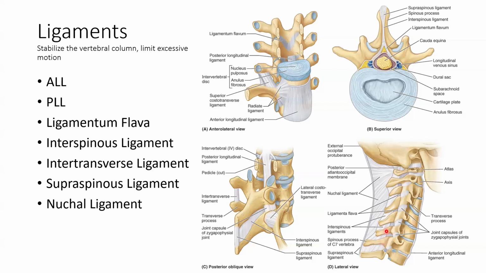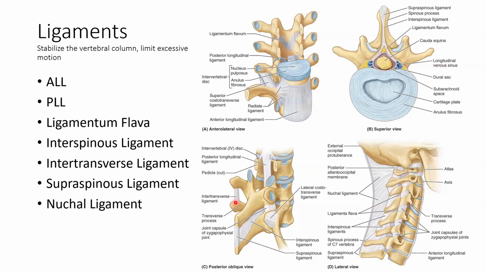Interspinous ligament. The interspinous ligament is, as it's named, between spinous processes. Again, posterior elements become farther apart in flexion, and so interspinous ligaments would become more taut and support resisting excessive spinal flexion. Intertransverse ligaments are between transverse processes.